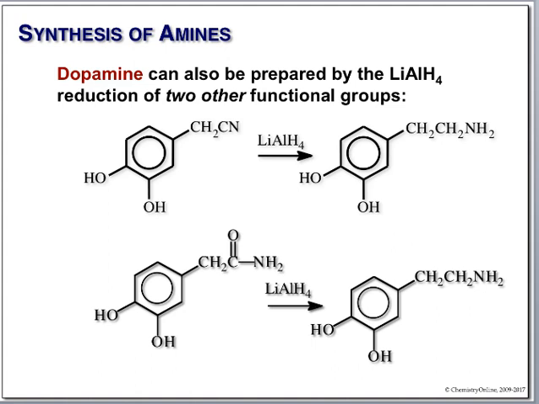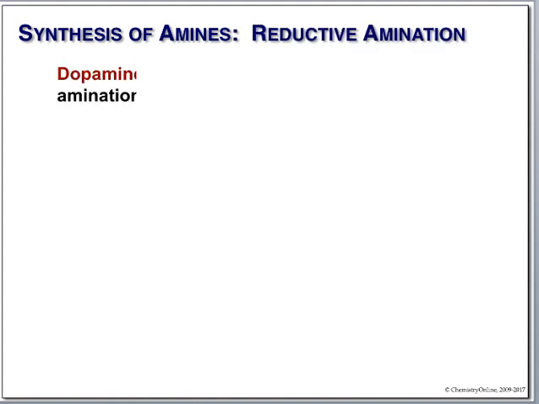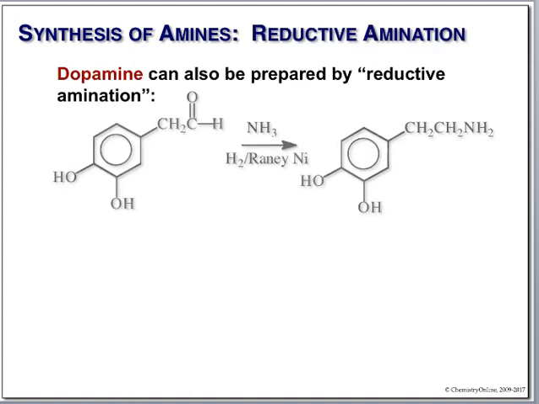Here's a 5th way. We can do what's called a reductive amination. What if we had this aldehyde? If you have that aldehyde, you can react it with ammonia. Now what's that going to give you?